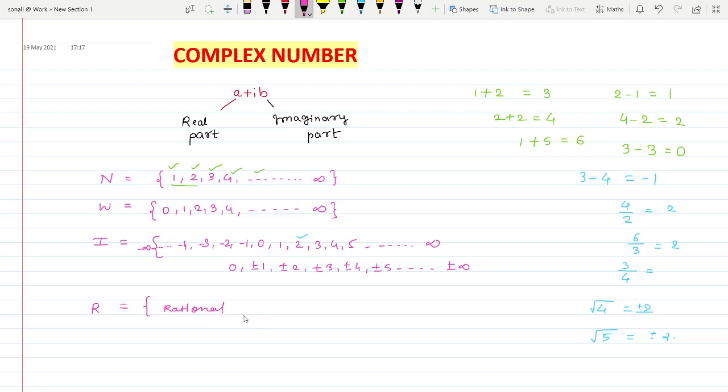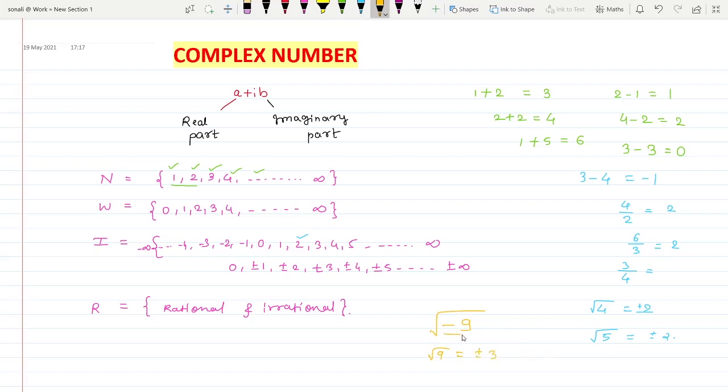I hope you all understood. But this is also not sufficient. Why is this so? Because when I want to find the square root of minus 9, I am not able to find it. I know the square root of 9 is plus minus 3.